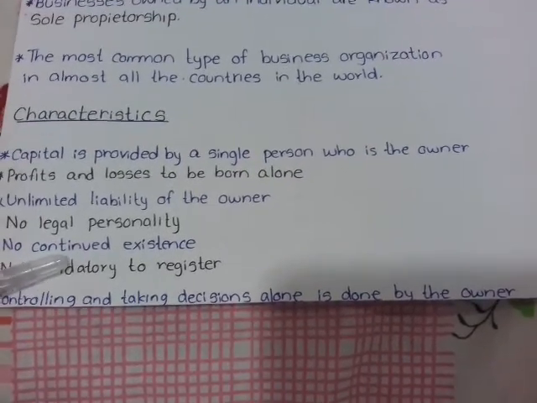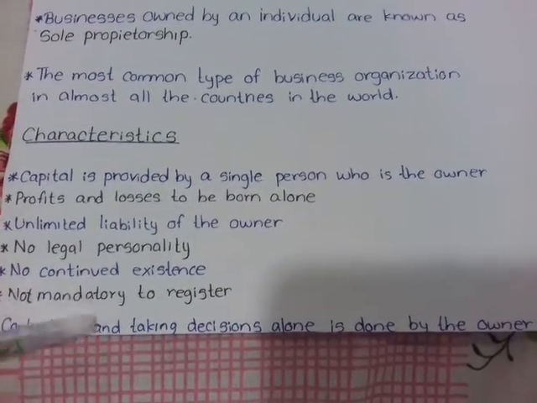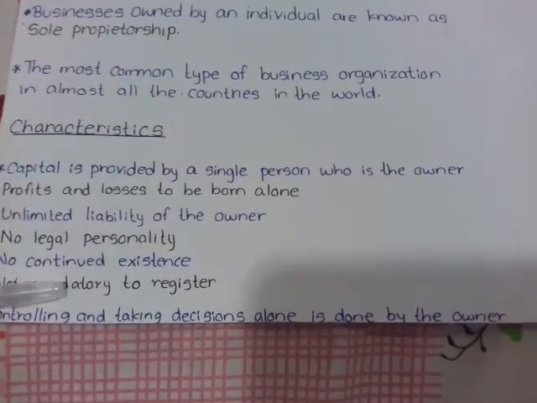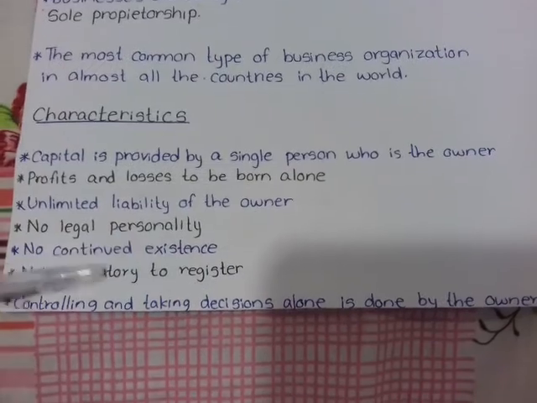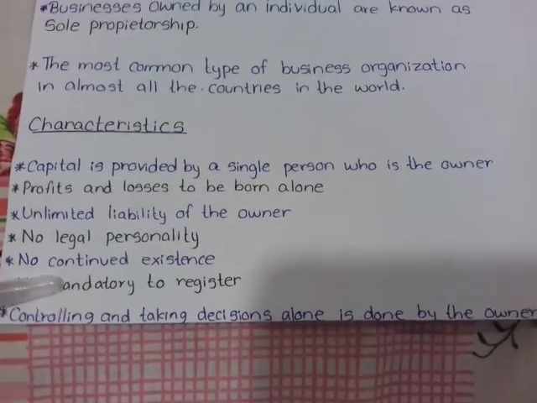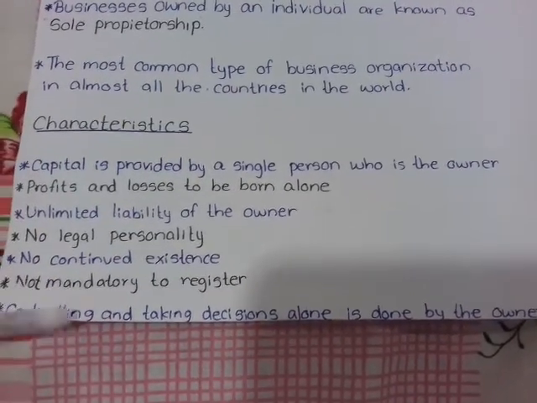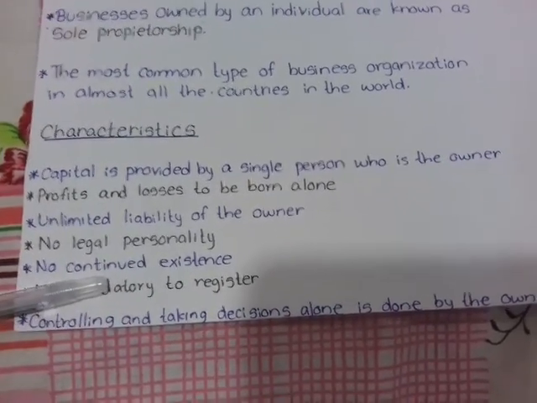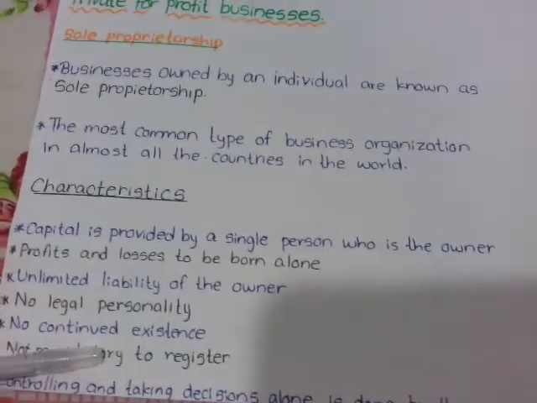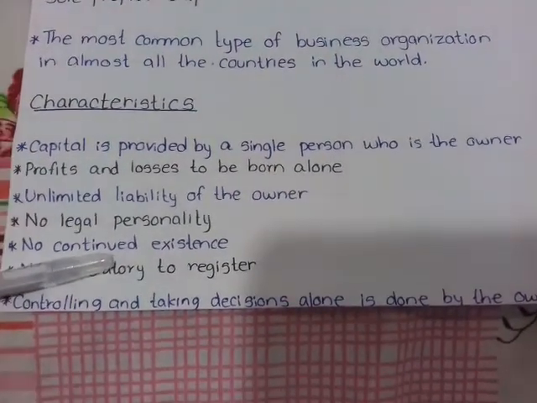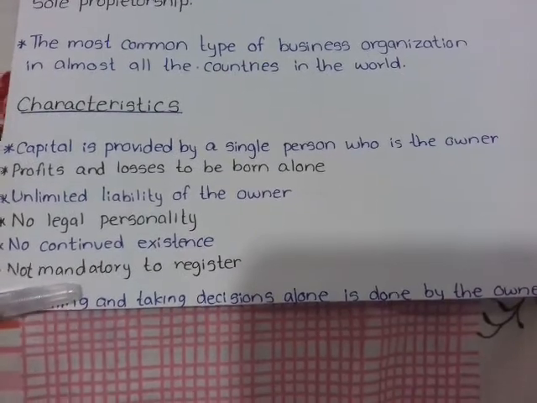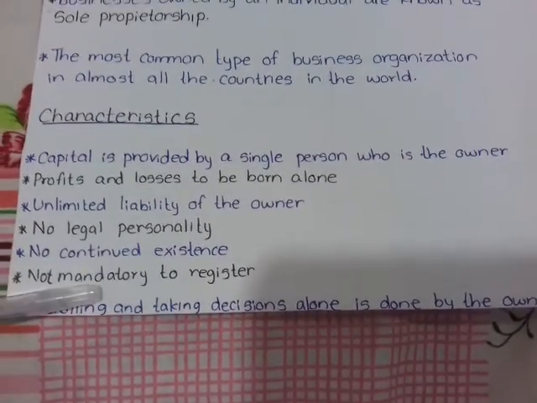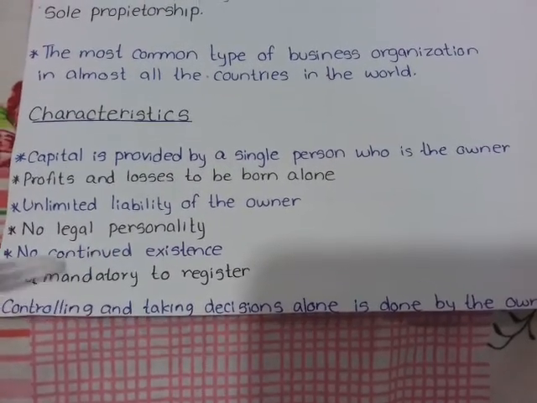For example, think the owner of this business died, or he is not in a good mental condition to continue the business. So then there is no one to continue this business. So if the owner dies or he has a mental disorder, then the business cannot exist anymore. And here, not mandatory to register. It is not really essential to register a sole proprietorship.